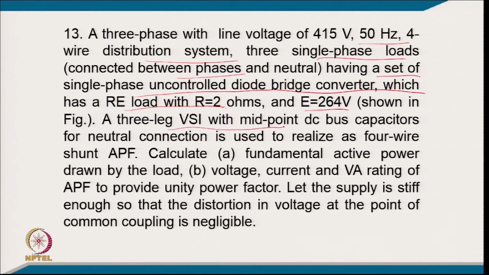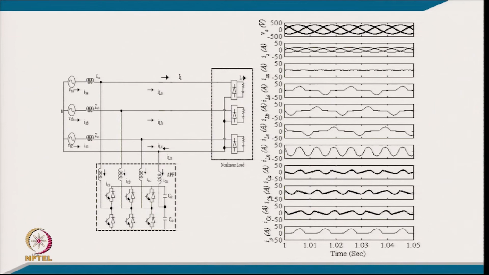A 3-leg VSI with the midpoint DC bus capacitor is used for neutral current compensation to realize a 4-wire shunt active filter. Calculate A, fundamental active power, B, voltage, current and VA rating of active power filter to provide unity power factor. Let the supply be stiff enough so that the distortion in voltage at the point of common coupling is negligible.